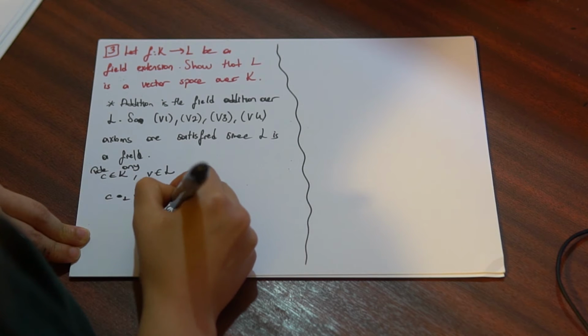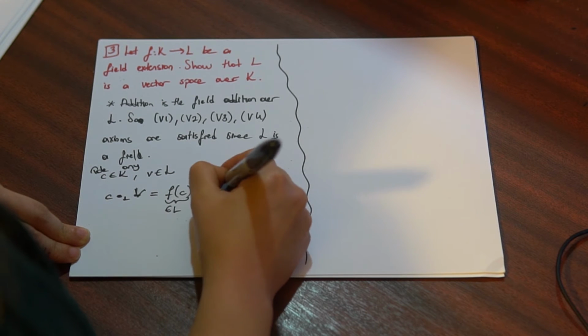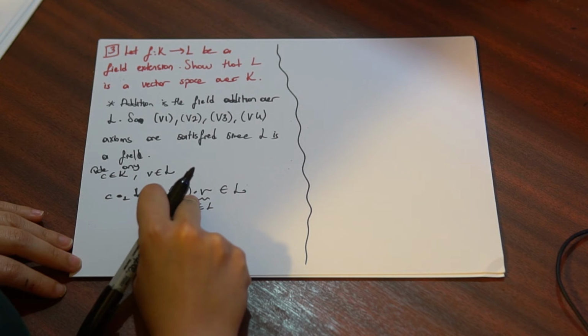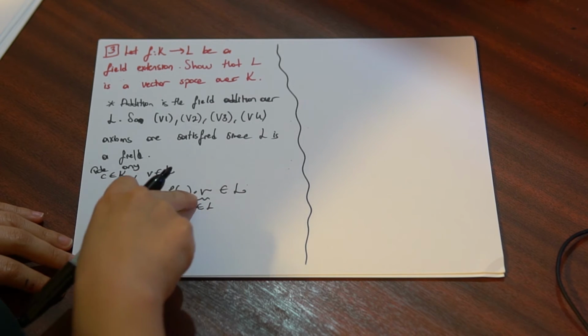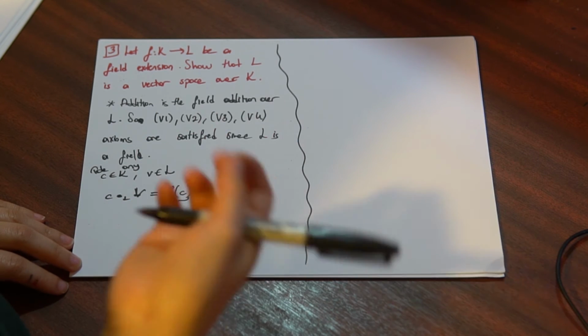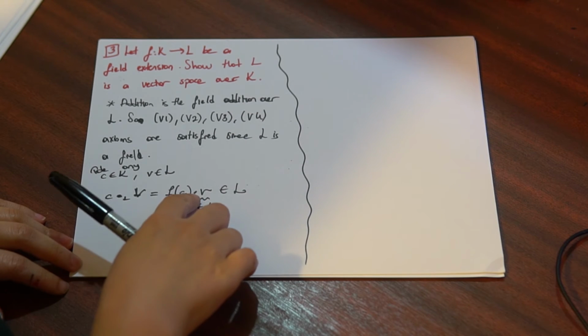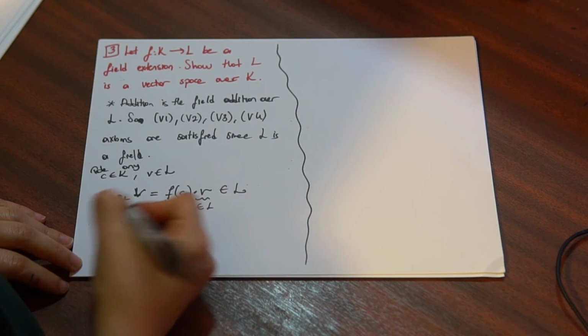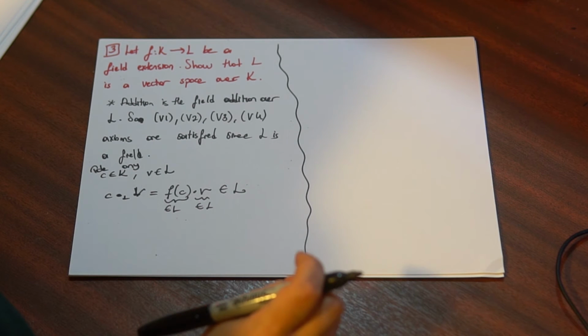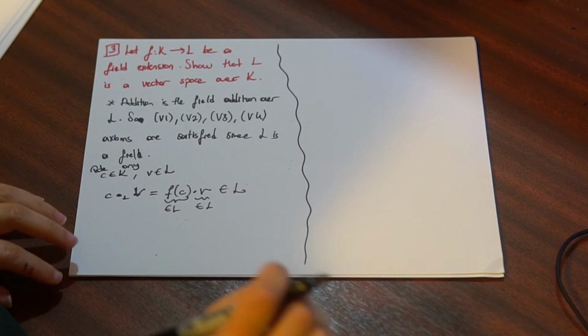This is f of c inside of L and this is inside of L, so this multiplication is the field product inside of L. Since L is a field, there exists a product, right? So this is that product. So we need to show that there exists a multiplicative identity element.